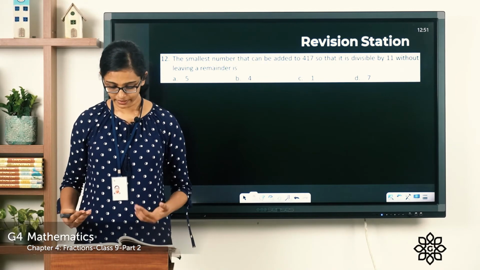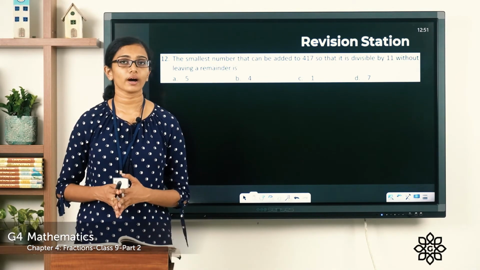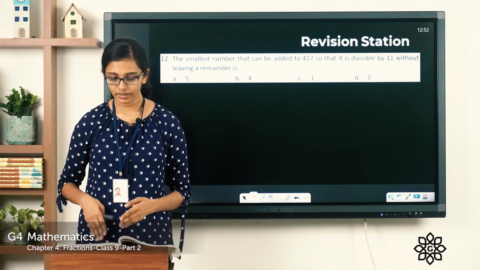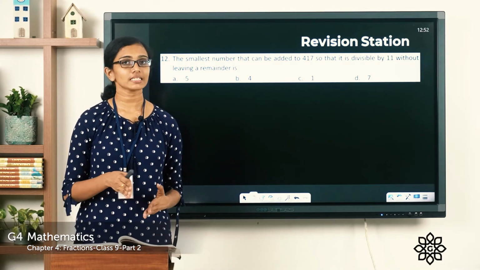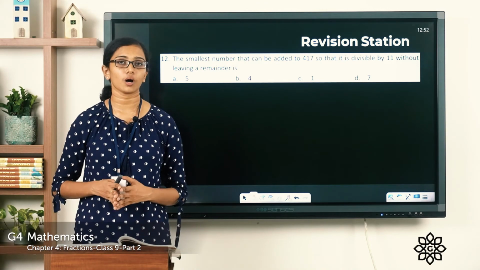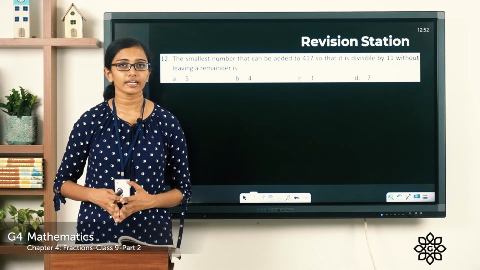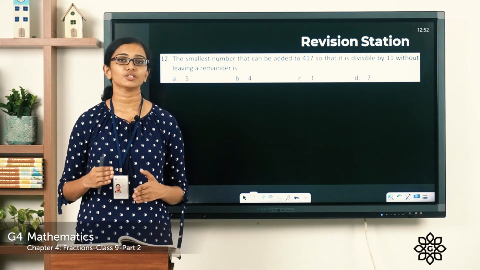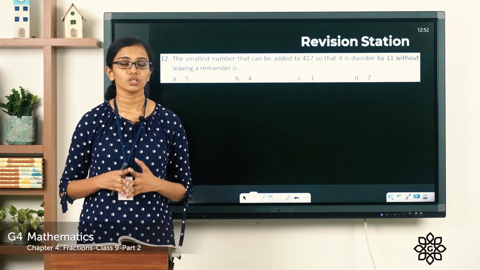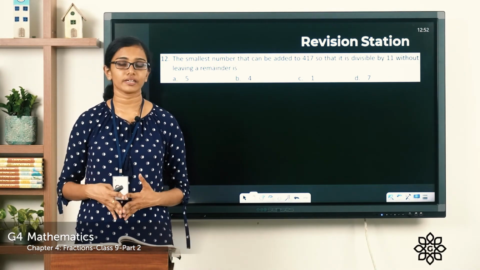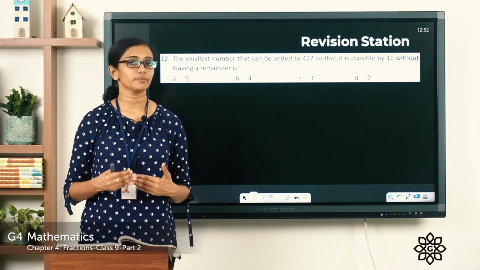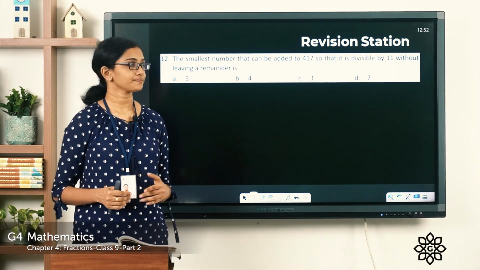So what is the number given here? We are given the number 417 and some options, and you have to find out which is the smallest number among these options that has to be added to this 417 to make it divisible by 11. So let's add each of these options to 417 and check if it will become divisible by 11.